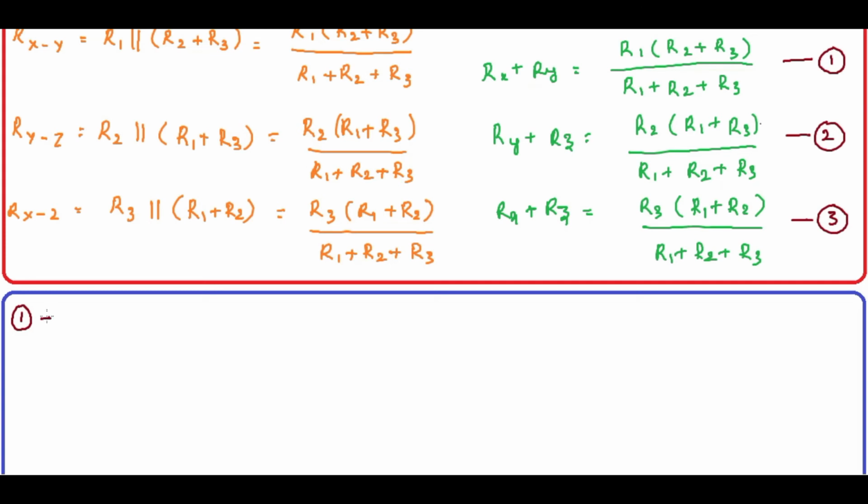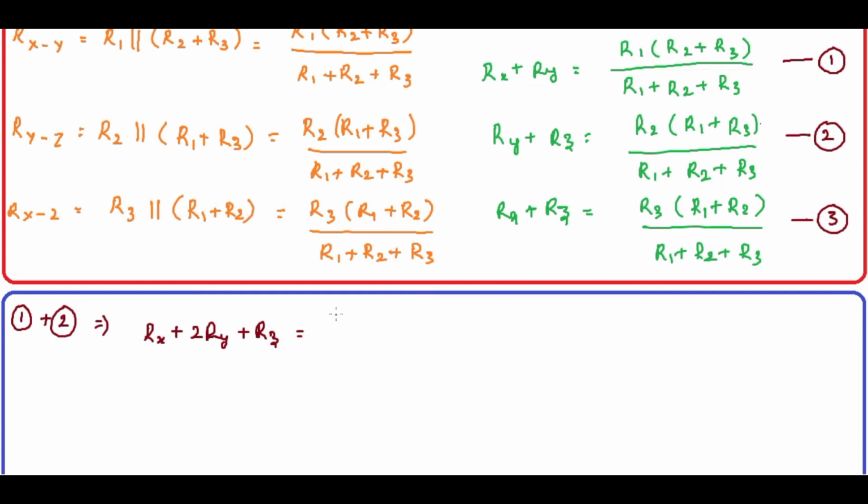Which implies simply it will be Rx plus 2Ry plus Rz, which is equal to, if you can observe here, all the denominators are the same.